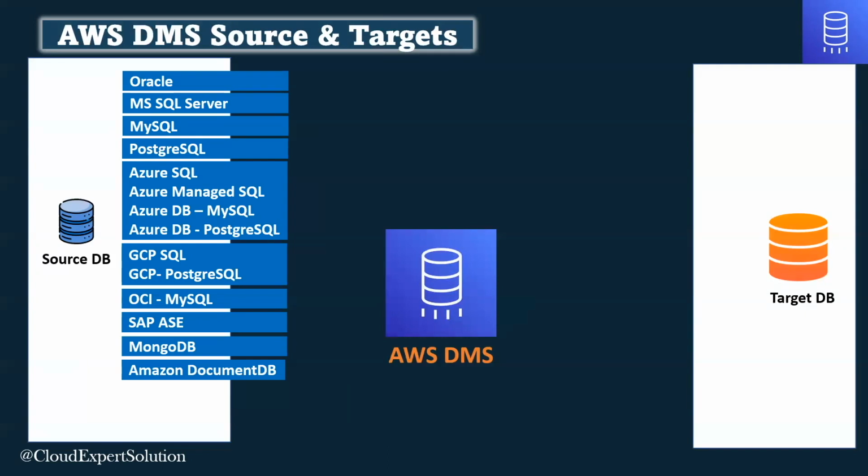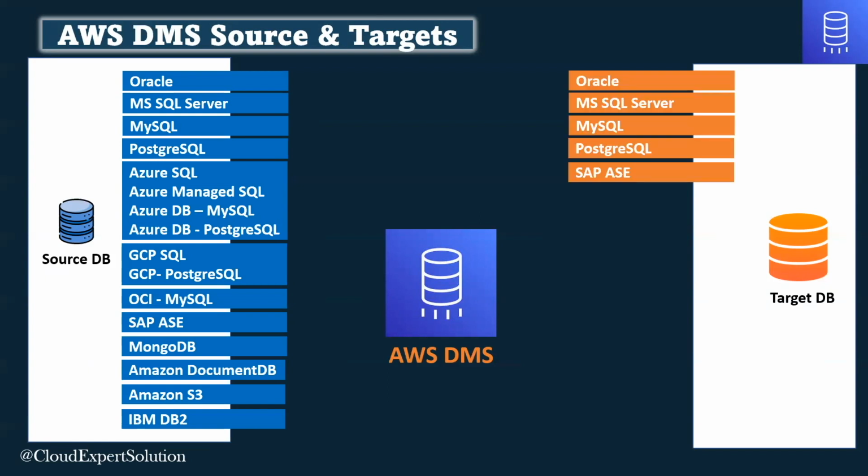If your source database is Amazon DocumentDB, Amazon S3, or even IBM DB2, AWS DMS supports a wide range of sources, almost every type of database, and you can move to any one of the targets.